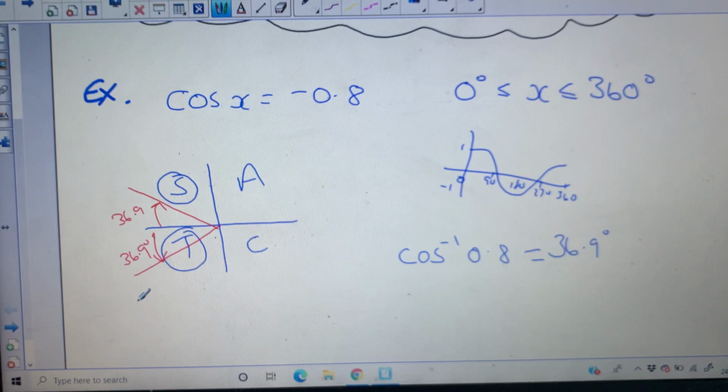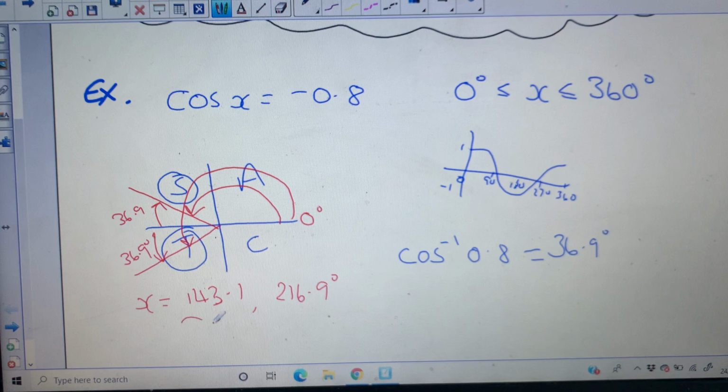And then to get your solutions, you go to 0 degrees and you read off. So there's our first angle, 180 minus 36.9, which is 143.1. And your second solution is 180 plus 36.9, so that's 216.9 degrees.